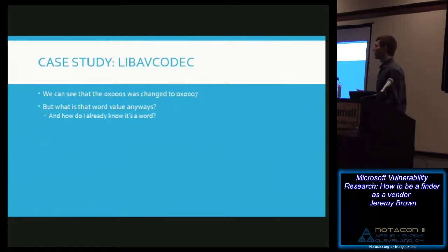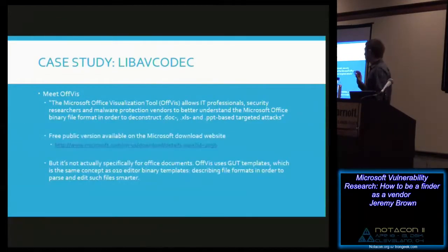At first glance it may look like a byte, so how do I know it's a word yet? I'll tell you why. There's a program called Office Binary Translator, released by Microsoft. It's an Office visualization tool. You can apply certain templates to it and figure out file formats based on the ones it supports. It was originally used for Office because we have all these complicated Office file formats, and when you're looking at an exploit or a malware sample in an rtf or doc file, you just see a big blob of hex.